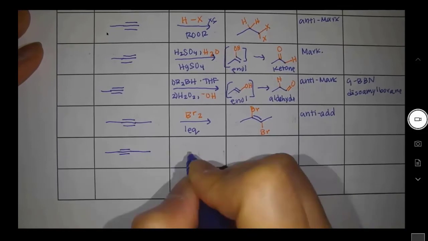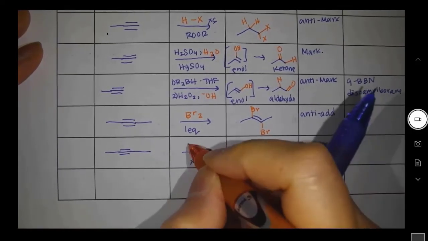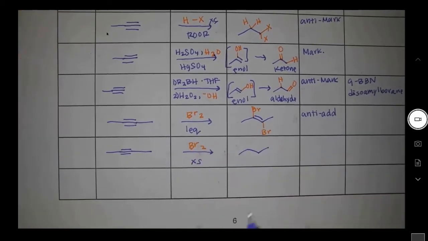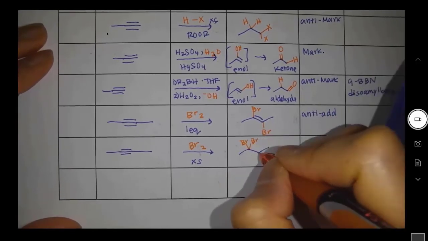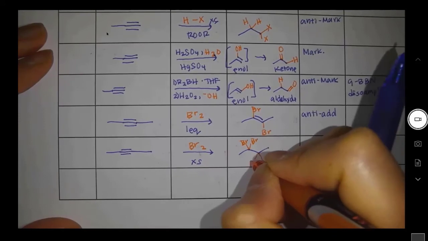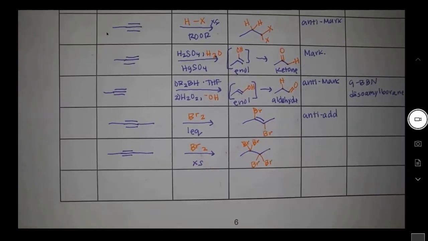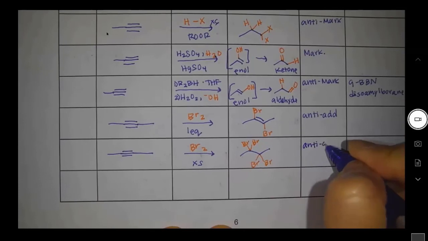And if we add an excess, we'll just add 4 Brs. So you'll get this alkene first, and then the Br2 will react again if you have an excess. And that's also still an anti-addition.